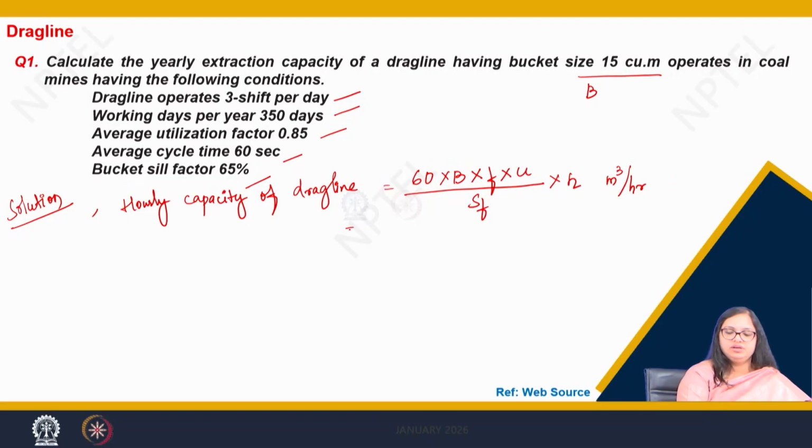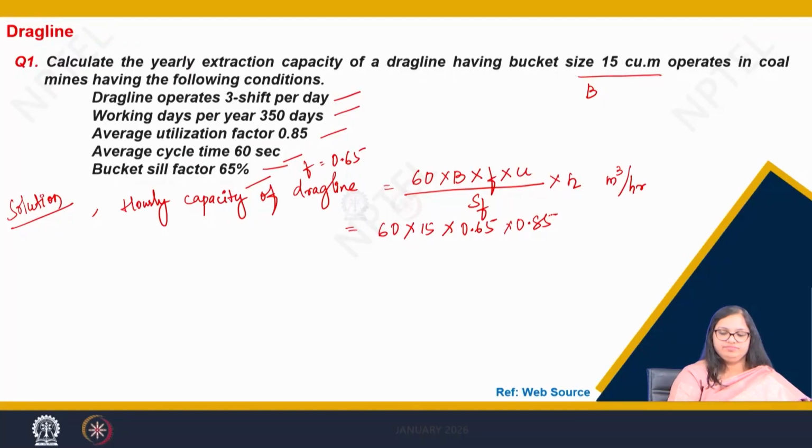Now here our B is 15, my F is 0.65, utilization factor is 0.85 divided by SF. SF again here we have to assume, let's say 1, then multiplied with N.